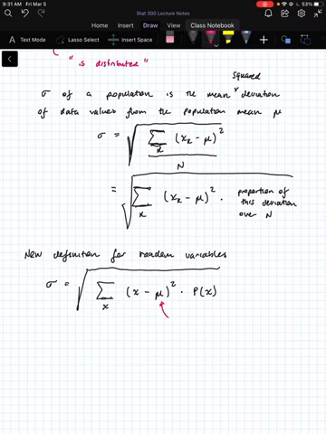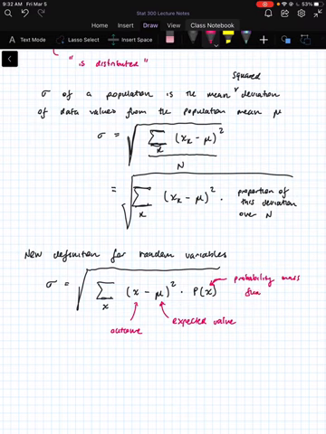So to remind you, this is the expected value. This is the outcome. And we write one of these terms for each unique outcome, not for each one that we observe in a specific simulation. And P of X is the probability mass function applied to that specific outcome.